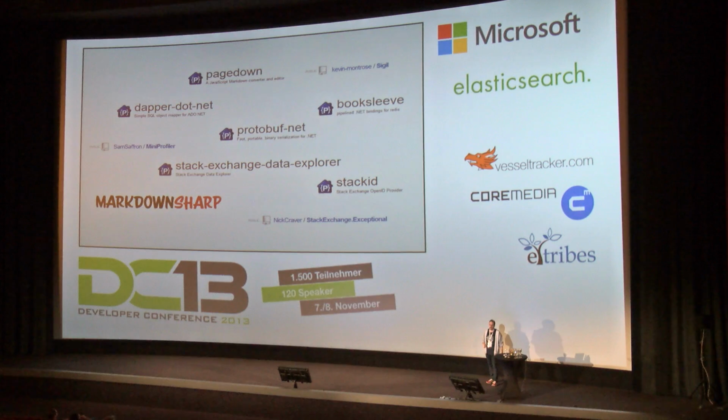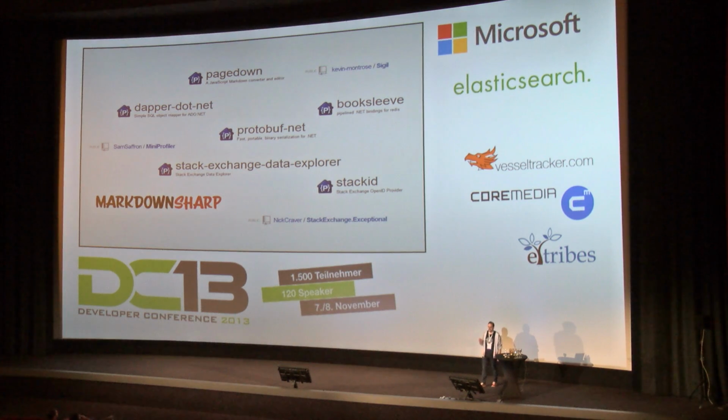This is also important because, for example, Dapper.net is our ORM, and it's basically 10, 20 times faster than any other commercial ORM like Entity Framework or Link to SQL and so on. It's very, very fast. It uses really ninja tricks to be as fast as handcrafted code.